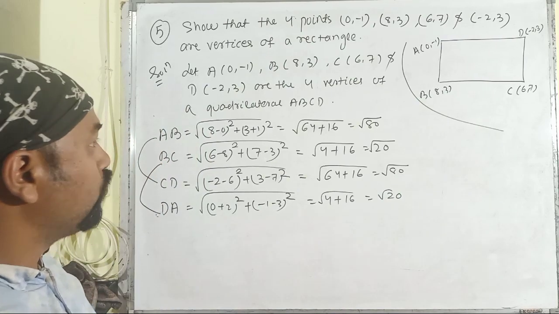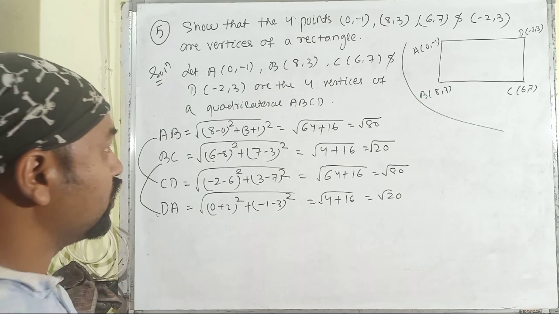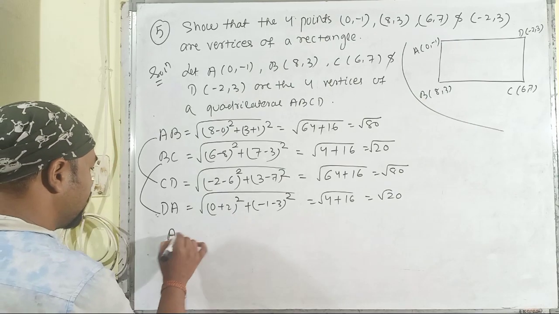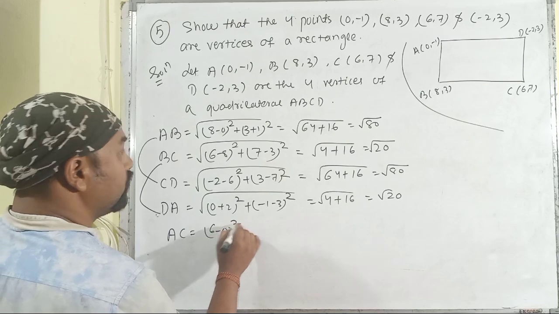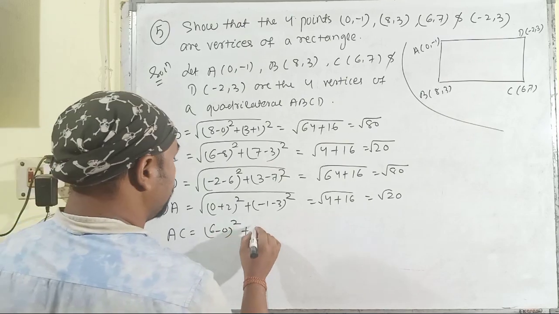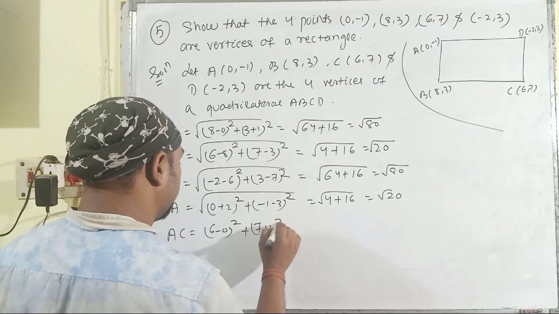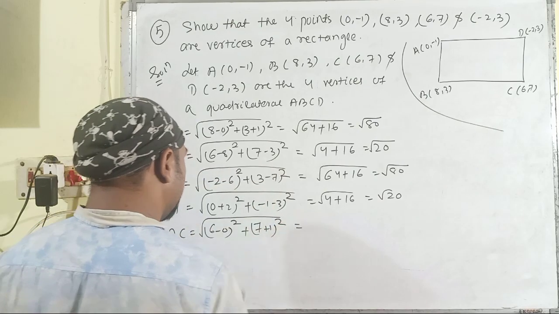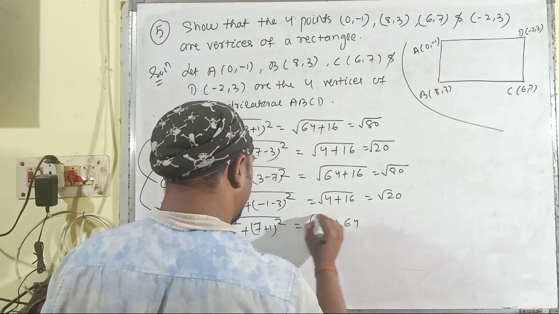Then we just have to prove that the lengths of the diagonals are also equal with each other. So AC is equal to, it is 6 minus 0, then square of 7 plus 1. So it is 36 plus 64.